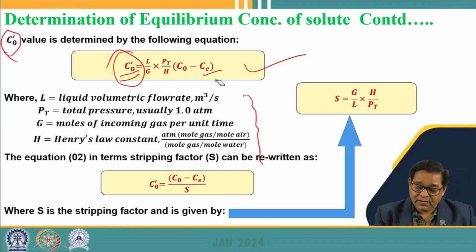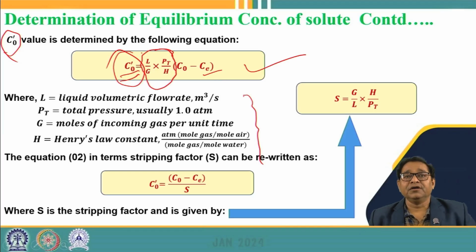If we see this L by G into PT divided by H, the inverse of this entire term we take equal to S, which is equal to G by L into H by PT.